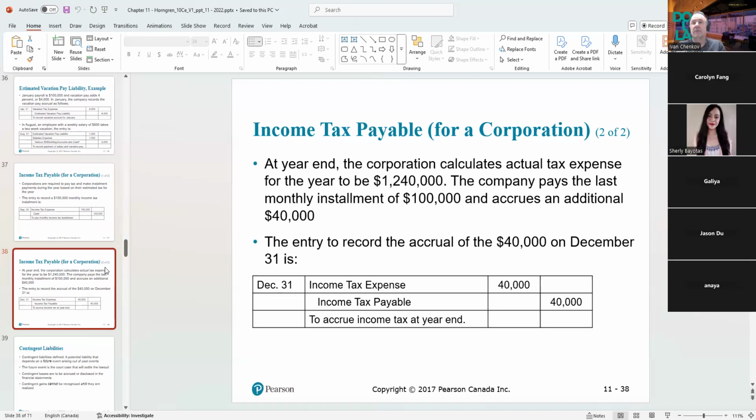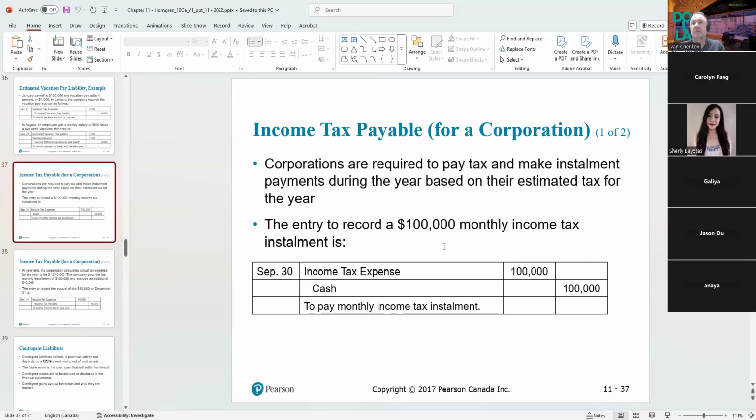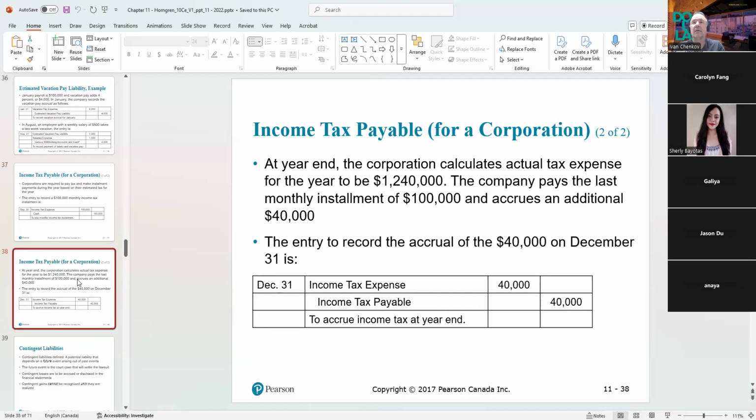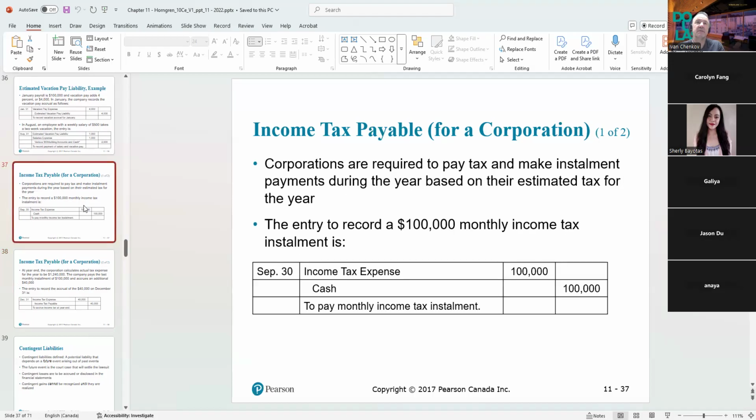During the year, this company, which makes $100,000 installments every month, how much expense are they going to accumulate for the income tax for 12 months? What do you think?